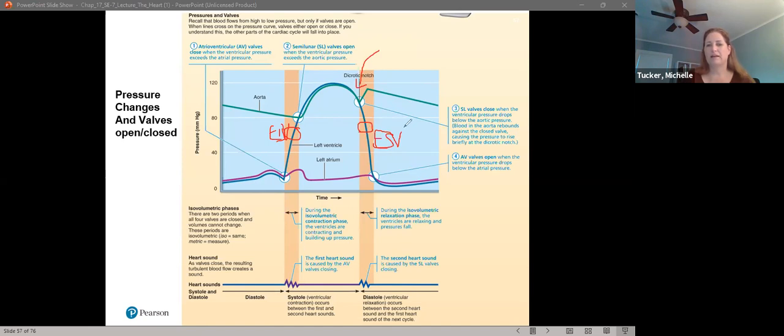The beginning of the third phase starts with end systolic volume. Then we start to get blood flowing back to the atria. The AV valves are going to open. We get ventricular filling, and the cycle is going to start again.